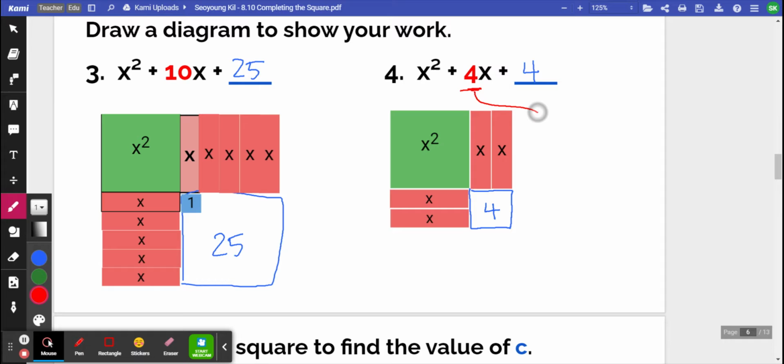In number 4, that's a 4. Divide that by 2, so you can find half of it. And then to find the area of the little square, you would need to square half of b that you found earlier. So that's how we're going to complete the square every single time for every single trinomial.